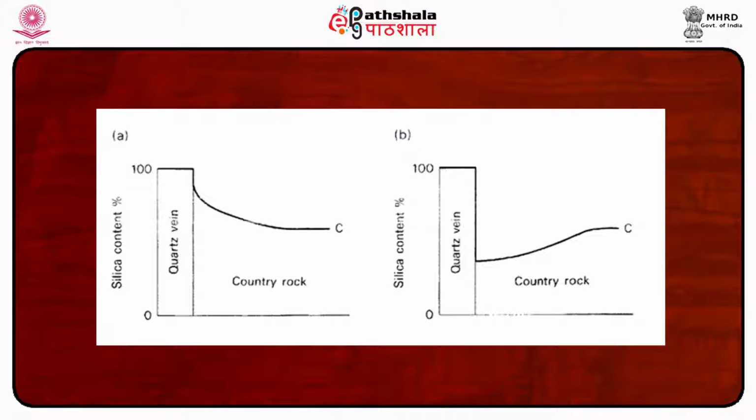In figure 8b, the opposite situation exists, where silica is being supplied to the vein from the wall rocks. The curve now climbs away from the vein, indicating a zone of silica depletion in the rock next to the vein. Clearly, silica has been abstracted from the wall rocks and presumably has accumulated as the vein.